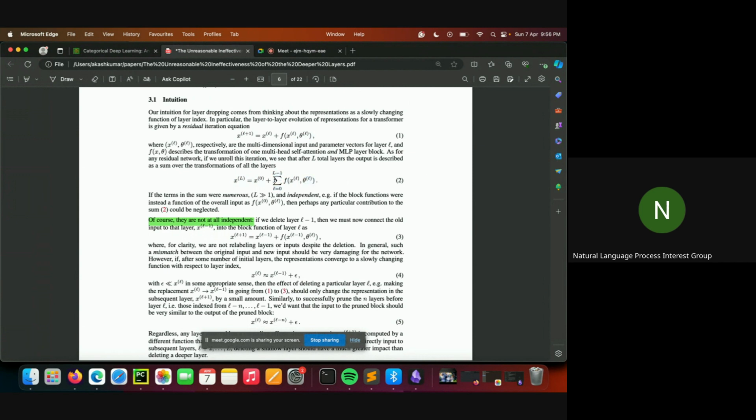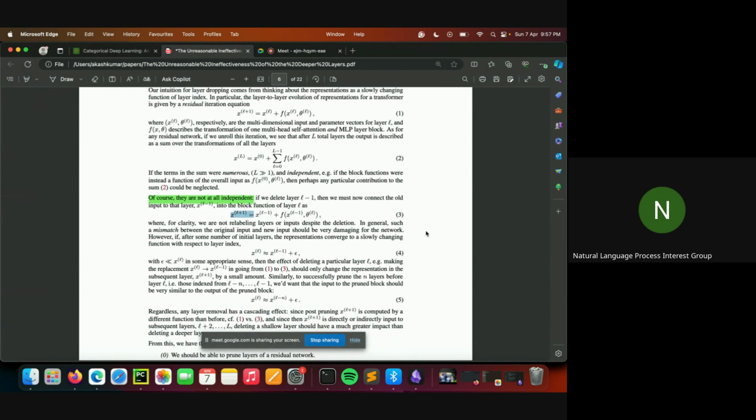Again, the assumption here is that all these components, all the function values, are independent of each other, which is not so. The idea here is that if they remove a particular layer L, they reconnect the input to the removed layer as the input to the layer after the layer which was removed.